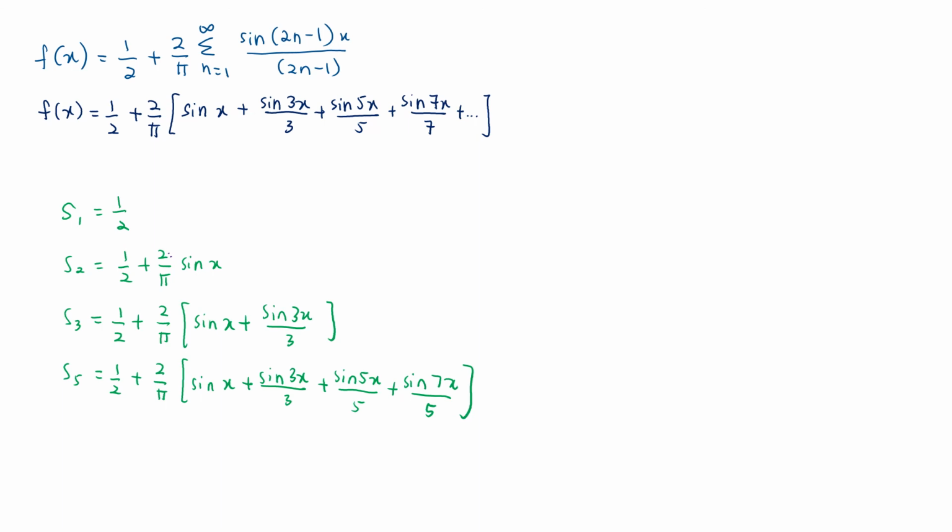And let's say up until the fifth partial sum, it will be up until sine 7x over 7.